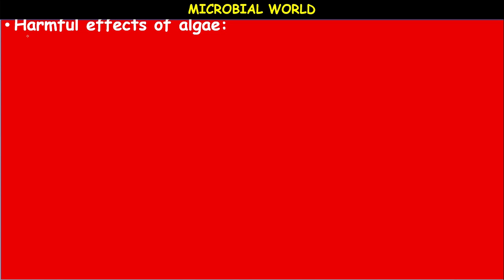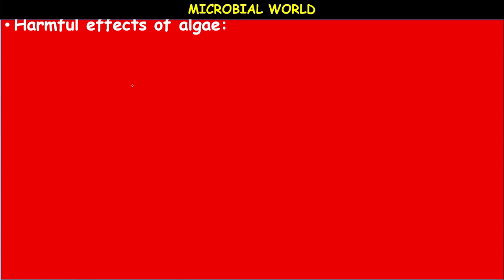They act as producers and they provide food, especially chlorella, ulva, porphyra, they are used as food. Seaweeds are considered as delicacies in China and Japan, okay. And diatoms, they are called the floating pastures of the sea.